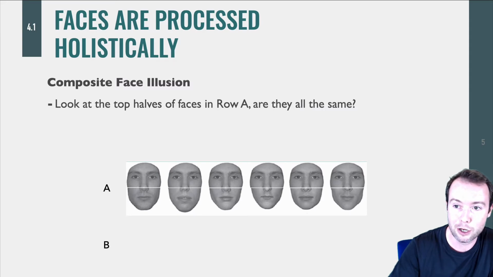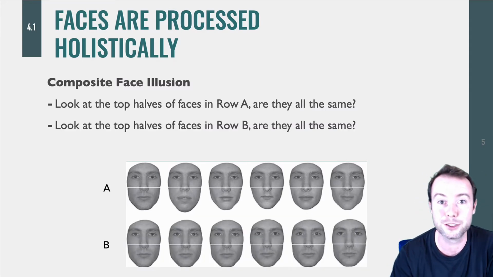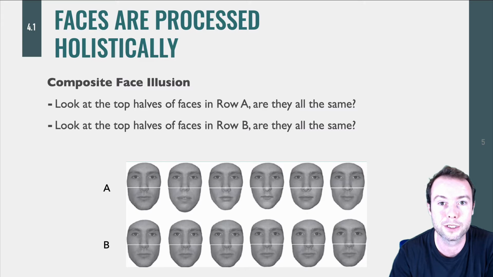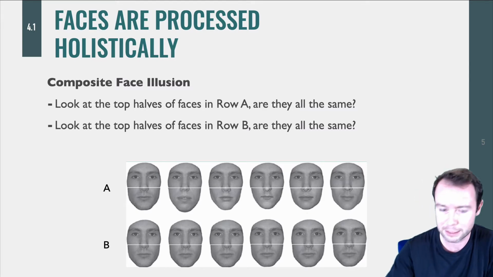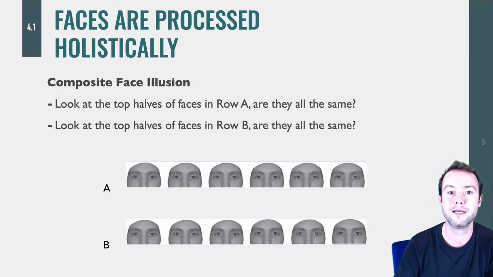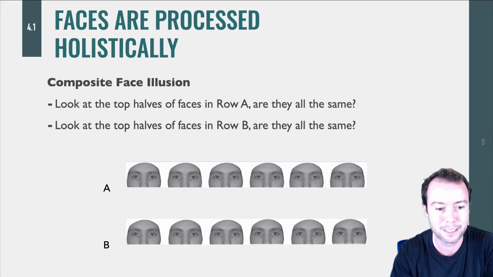Now let's look at the faces in the second row that I present here. So again, just focus on the top half of the faces and tell me, do you think that they look like they all come from the same face? Now the trick here, if you haven't noticed it already, is that the top halves of the faces in both of these rows were identical.